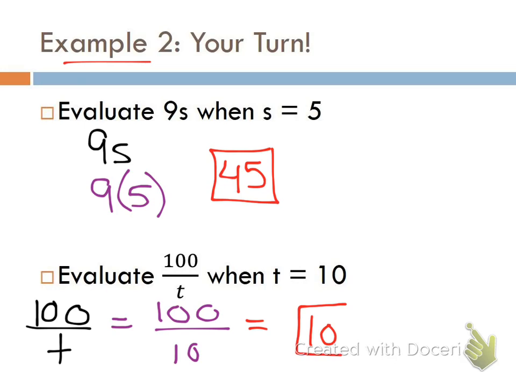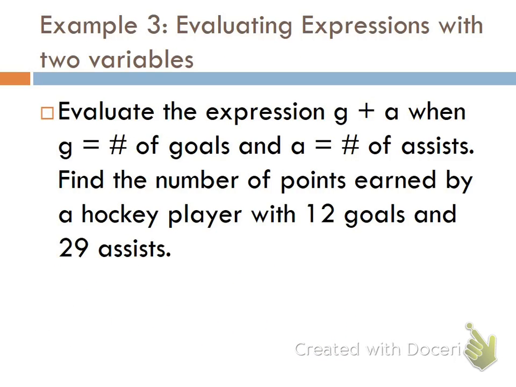10. All right, now in example 3, I'm using two variables now. Okay, so you have a section on your homework tonight that involves substituting for more than one variable. So you just have to make sure that you plug in the right number for the right variable.